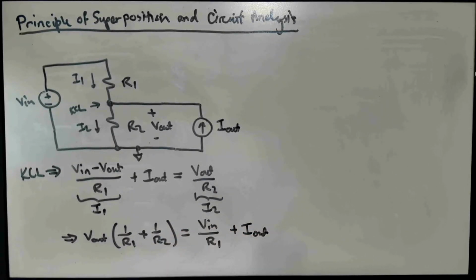And of course, we could recognize this, if we were astute, as 1 over the parallel combination of R1 parallel R2.